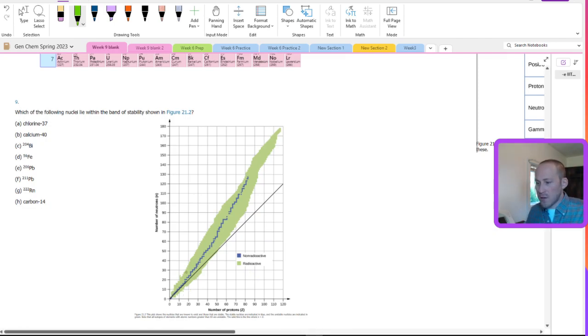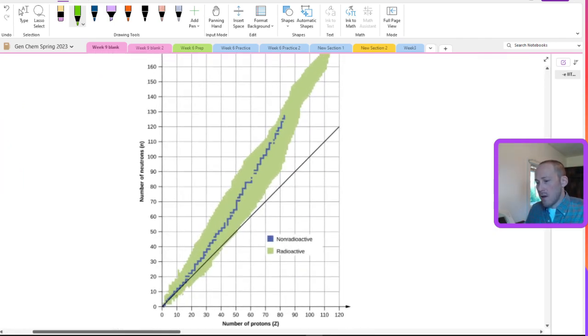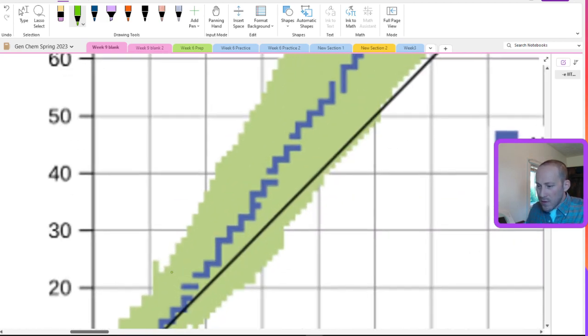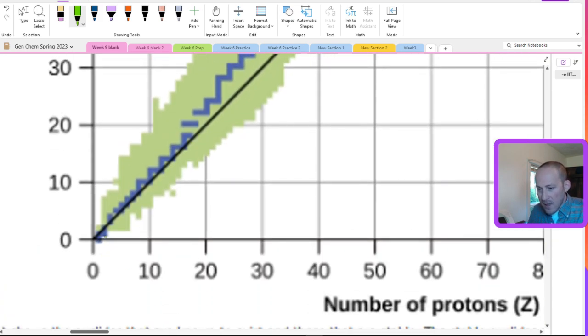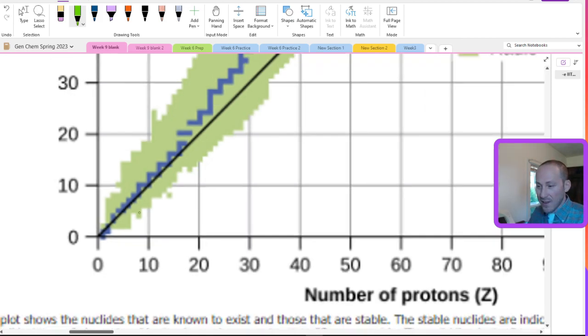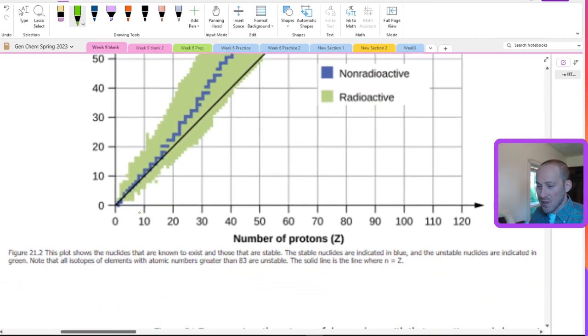Let's note that if you're outside of this green blob here, and it looks like a blob, but if you zoom in, this is actually very quantified. It's very distinct bands going up in integers. It's a number of protons. You can't have 2.4 protons, at least not at this level of quantum zoom.